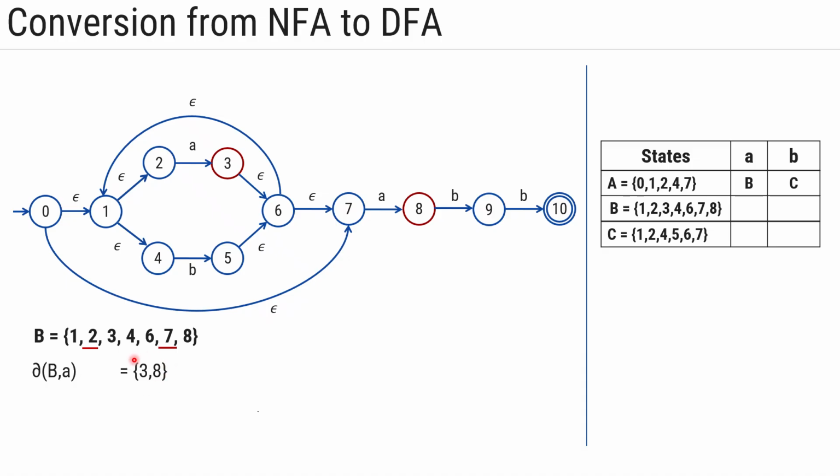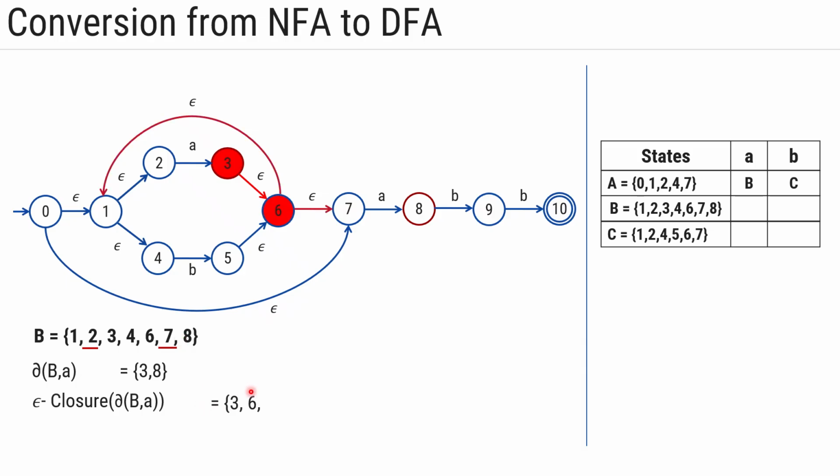Again you have to find the e-closure of 3 comma 8, which is delta of B comma a. The e-closure of 3 will go to 6 as well as 7, and also to 1, and from 1 to 2 and 4, right?